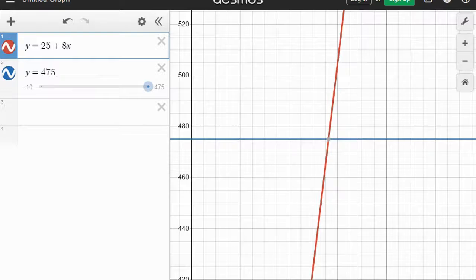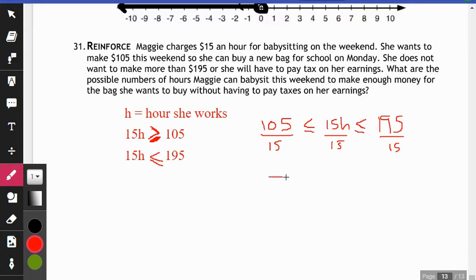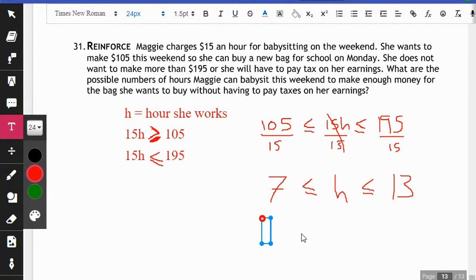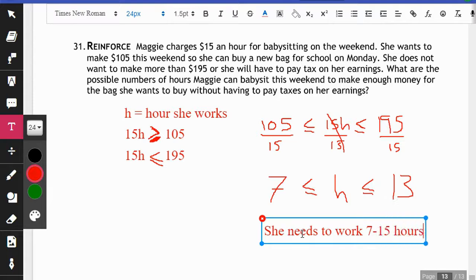Great. That's what I'm going to type in here. 7 is 105 divided by 15. These canceled out, so I just have h. And 13 is 195 divided by 15. In other words, she needs to work 7 to 13 hours.